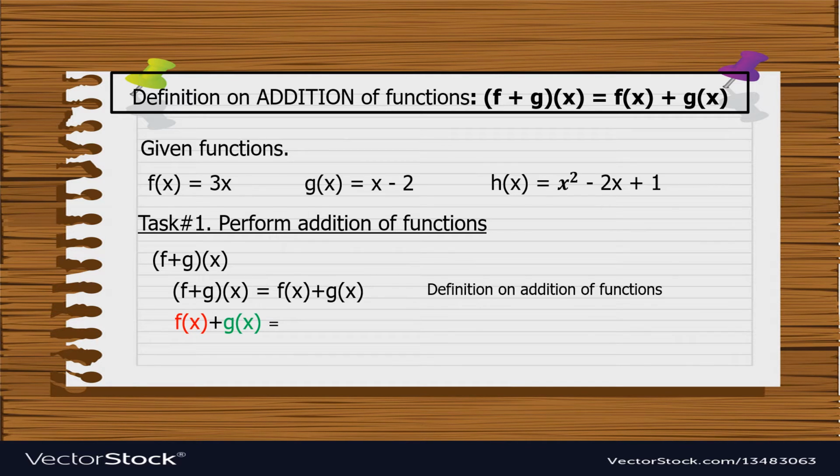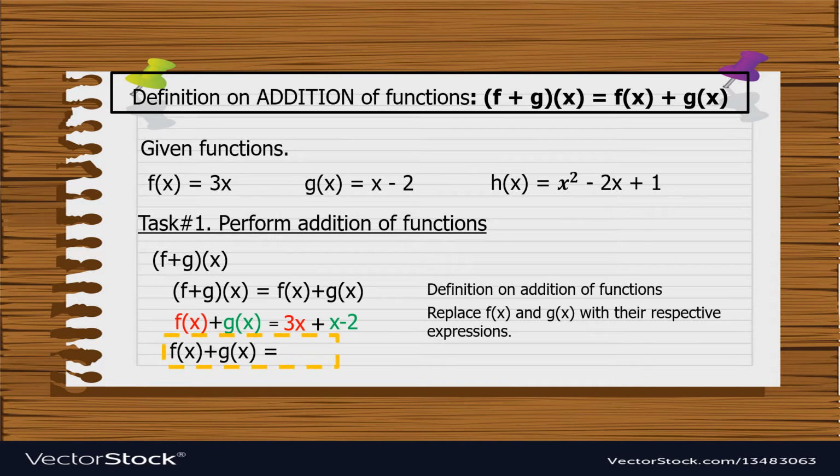F of x plus g of x equals 3x came from f of x plus x minus 2 came from g of x. Simply replace f of x and g of x with the respective expressions.